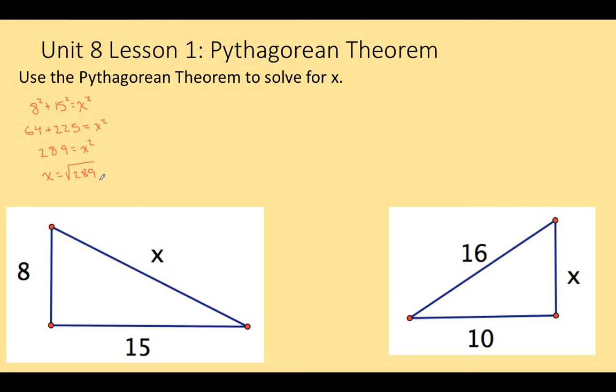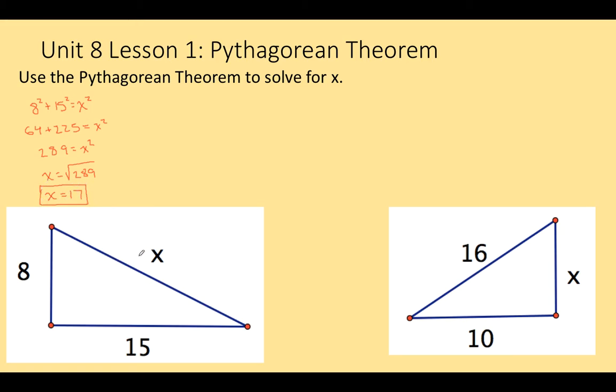How about 36? No. And it becomes clear pretty quickly. The square root of 289, well, actually, that's a square number in and of itself. So x is equal to 17.